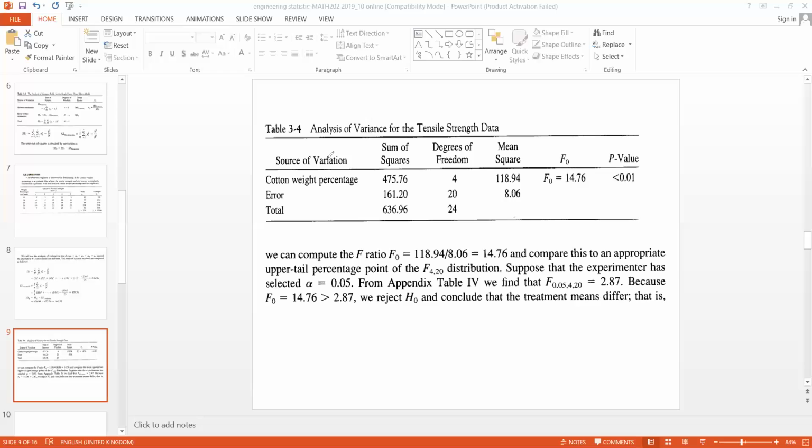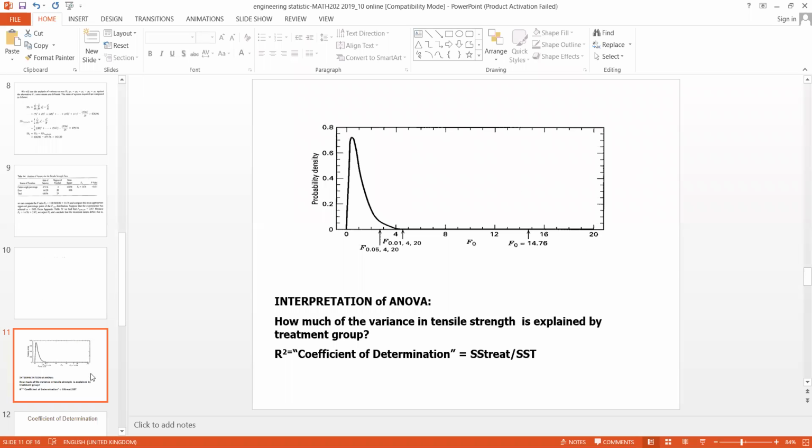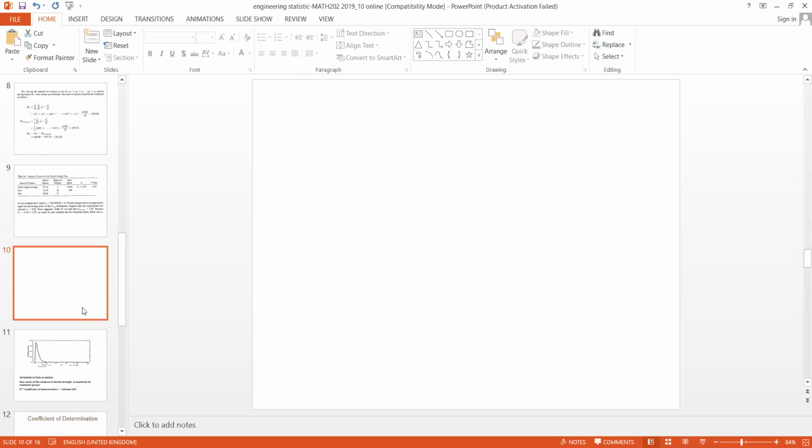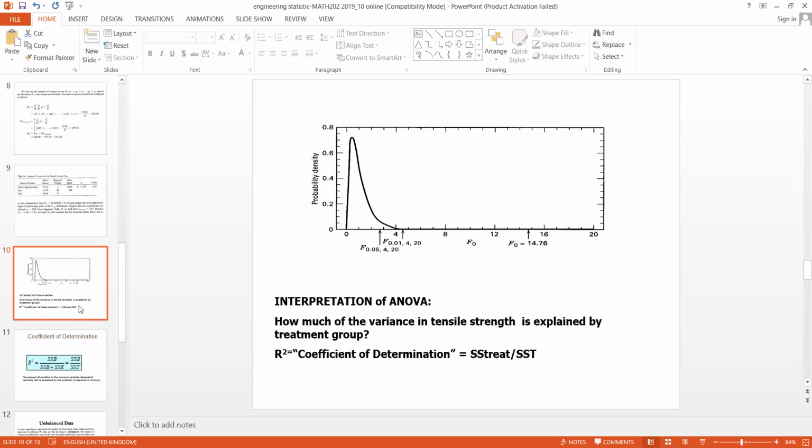So there is a second question here. Now before we go on to that question, there is a very important measure which we need to look at. We call it the coefficient of determination.